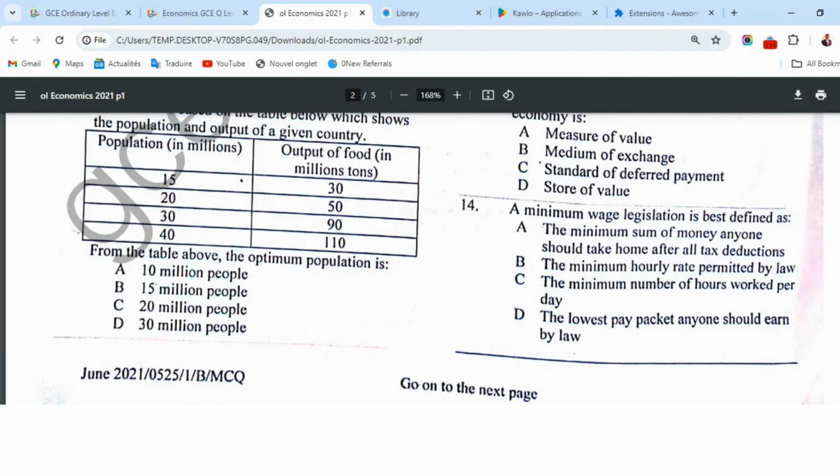The minimum number of hours worked per day. The lowest per packet anyone should earn by law. So what do you think is the correct answer here? I give you a few seconds before answer. So the correct answer is B, the minimum hourly rate permitted by the law. Right? So we'll continue with the next one.